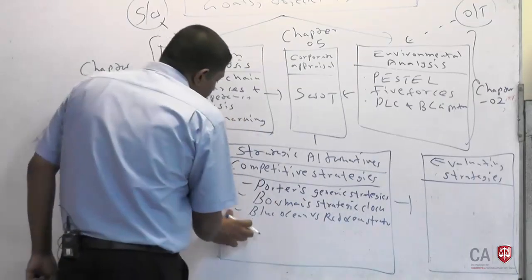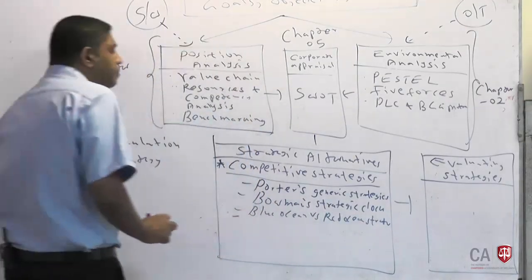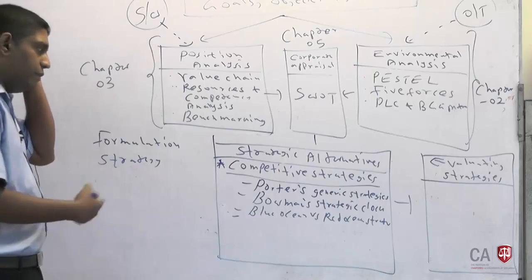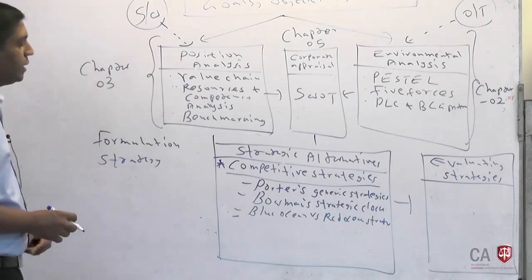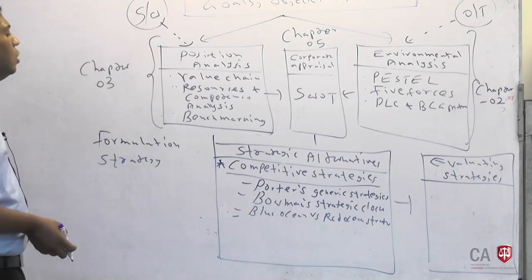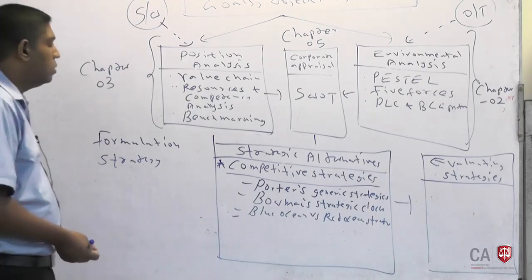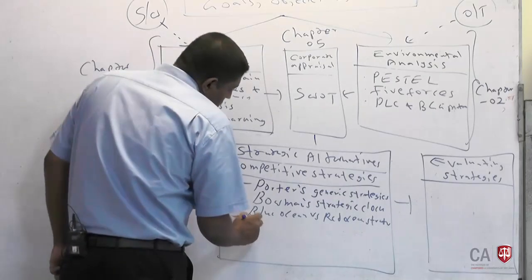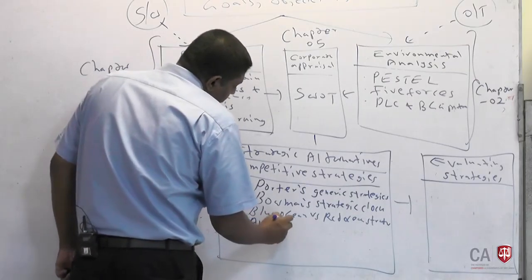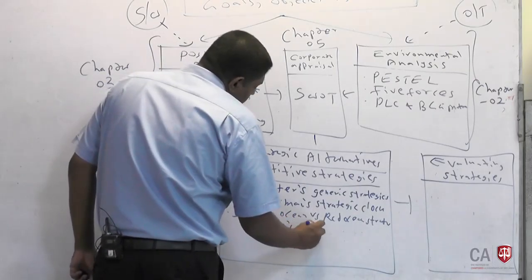Then in addition to that, there is a fourth one also. Even though here we have identified it under the competitive strategy, that can be identified as a group level strategy, or in other words an institutional strategy: Ansoff's product market based strategies.